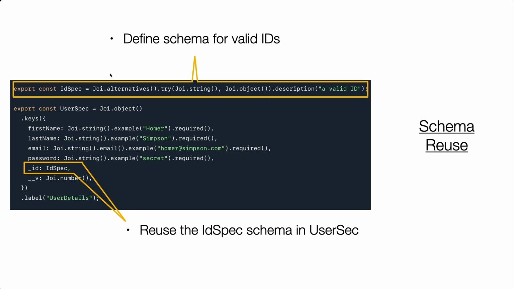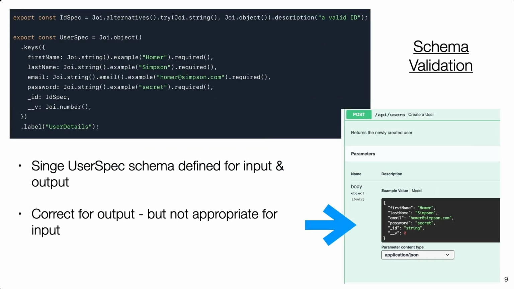So here I have an example of a new ID spec schema, and then we say the ID is adhering to the ID spec. So we've introduced, in fact, a type here. So the ID spec becomes a reusable specification for a valid ID. That's not necessarily where we go, though, to fix this particular problem.